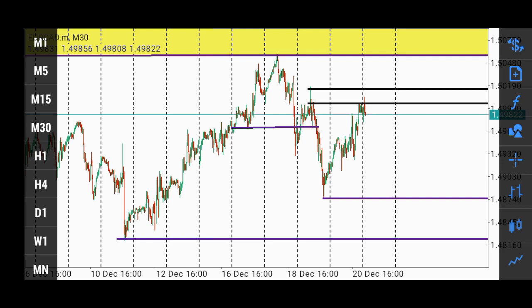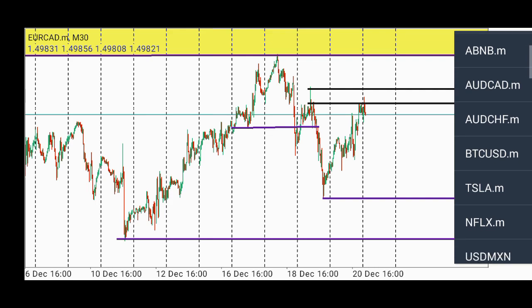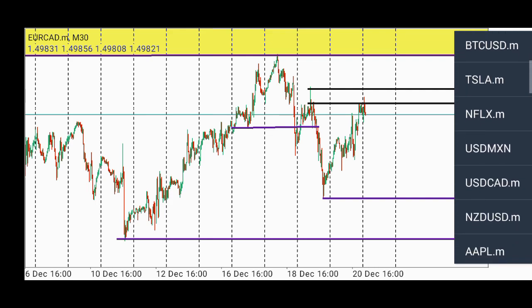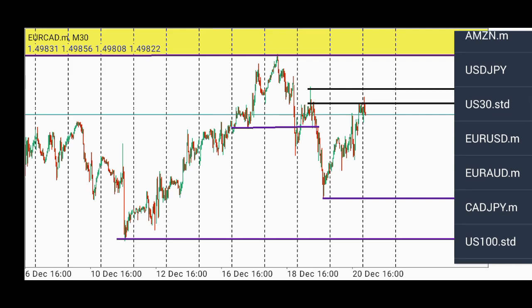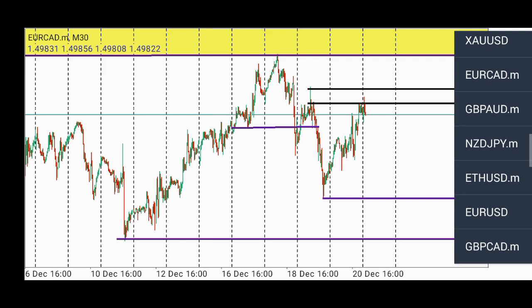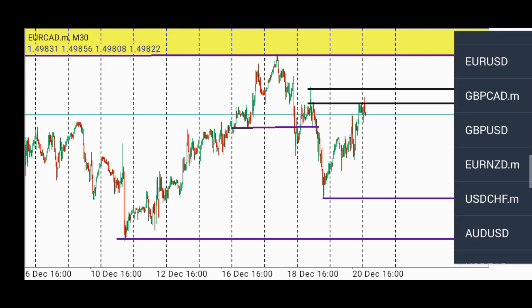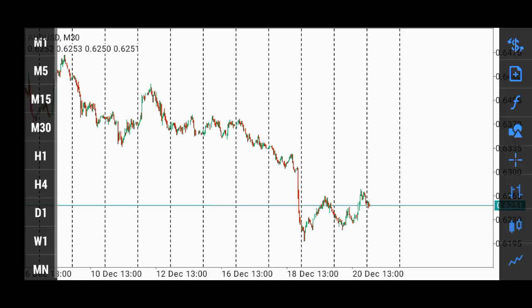Okay, let's go to another chart and see what is happening. I think we have to talk about any other pair like Euro USD or AUD USD and see what is happening in the chart.